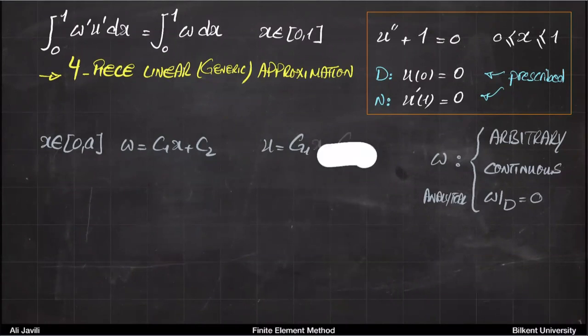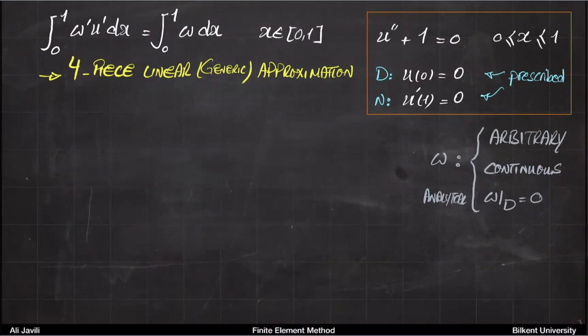Okay, so we want to do now one piece quadratic. Again, this is exactly the template that we started with. If it is quadratic, we don't have to say if it is generic or not. It's just one piece. And one piece means that the ends are just 0 and 1.